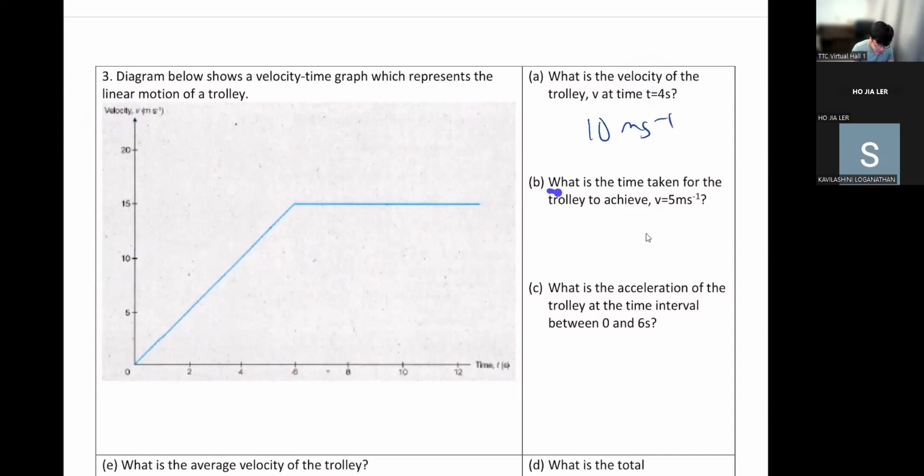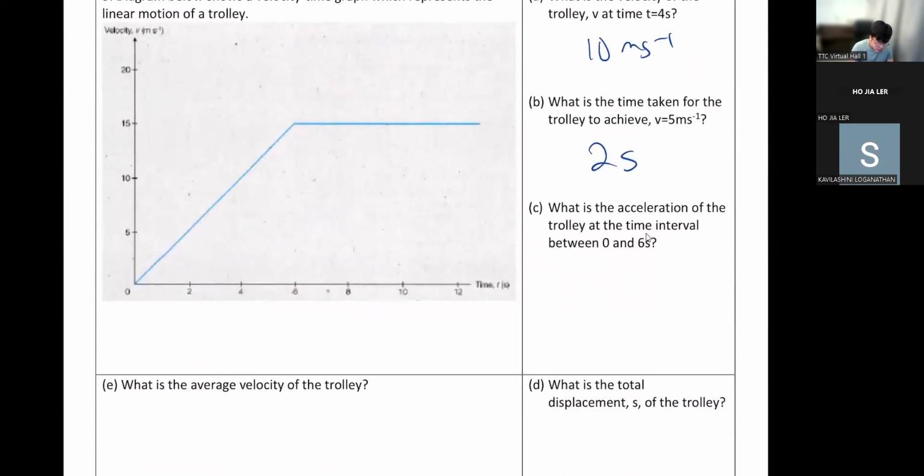Right? B, what is the time taken for the trolley to achieve V equals 5? When my velocity is 5, how long did it take? 2 seconds. Okay, so far so good. Easy. What is the acceleration of the trolley at the time interval between 0 to 6?